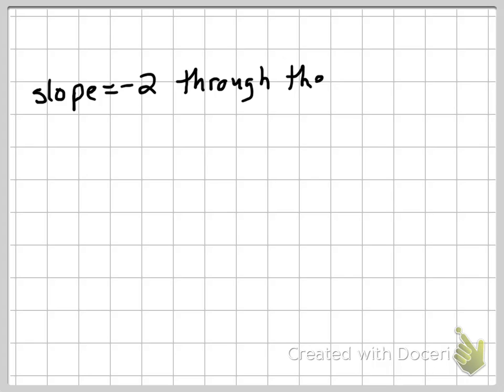Okay, now this time they're going to give you the slope and 1 point. But we're going to do it very similar to when they gave us 2 points. We just already know the slope to start out with.